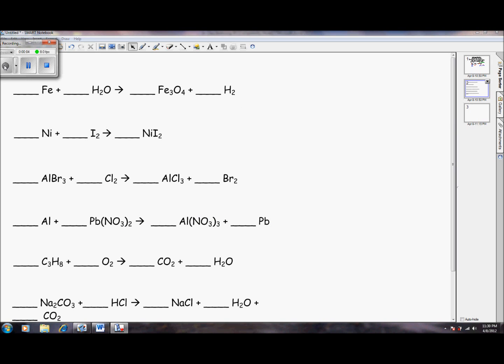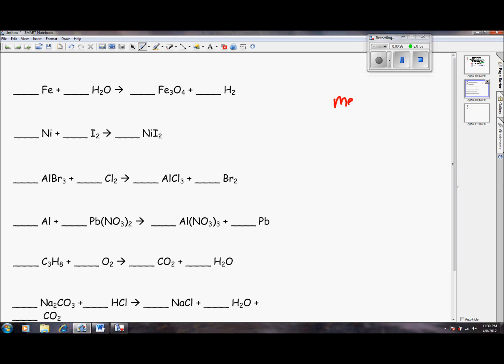Alright, let's look at some examples of balancing equations. So right here. Okay, there are some general rules for the order in which to balance elements in any chemical equation, just to make your life a little easier. So first of all, you should always do metals first.